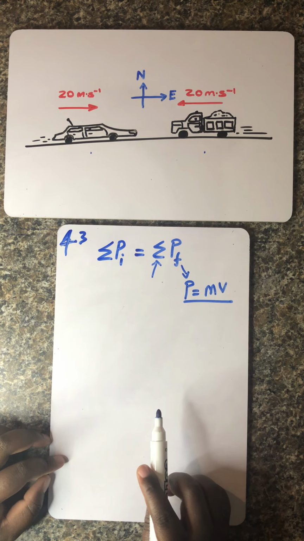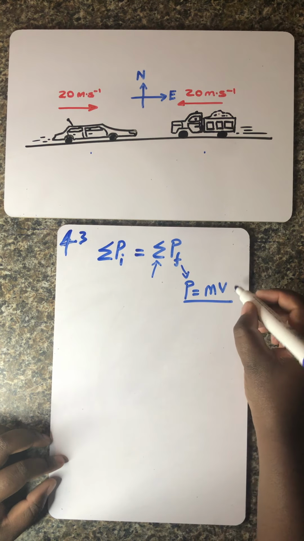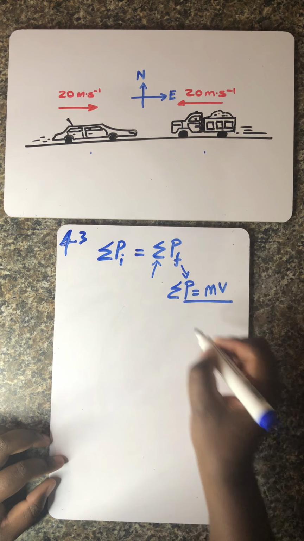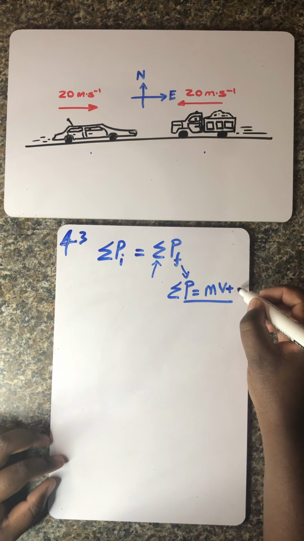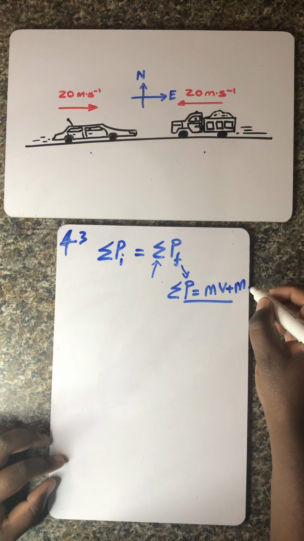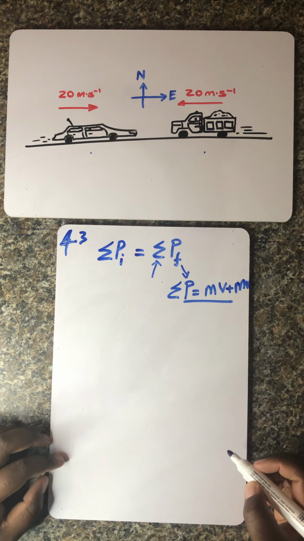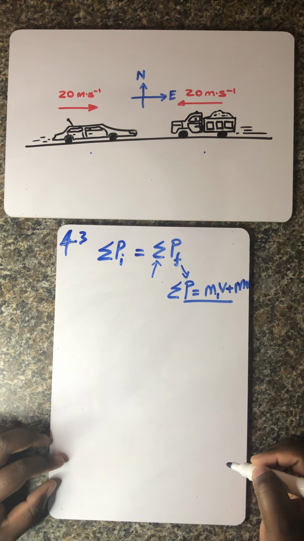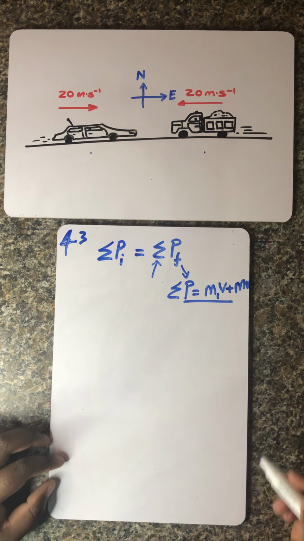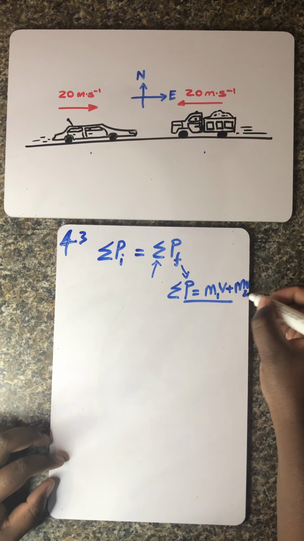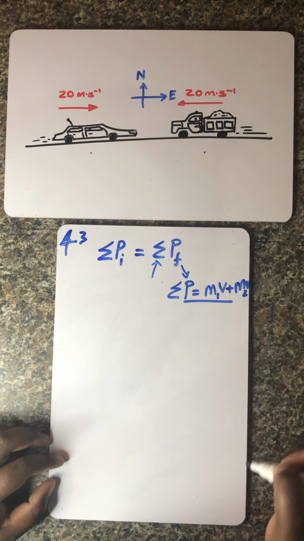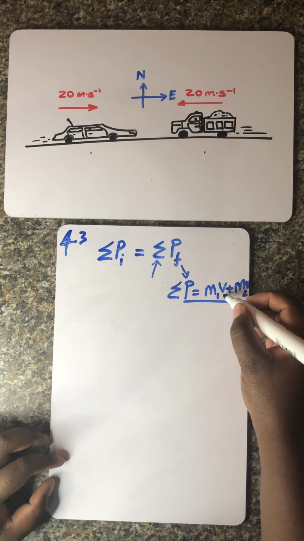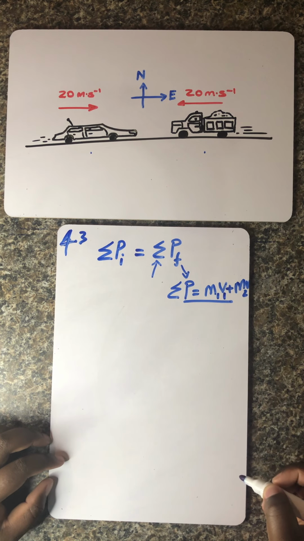That's why you've got the sum of momentum as mv plus mv. What's the difference, ladies and gentlemen? This is for the mass 1 or mass of the car, and this will be mass 2 or mass of the truck. This will also refer to the velocity of the car, or the velocity of that first object.